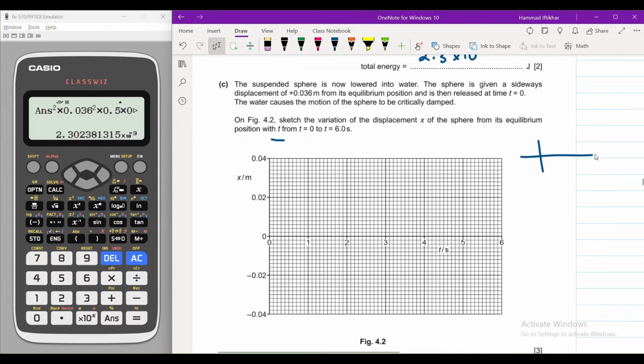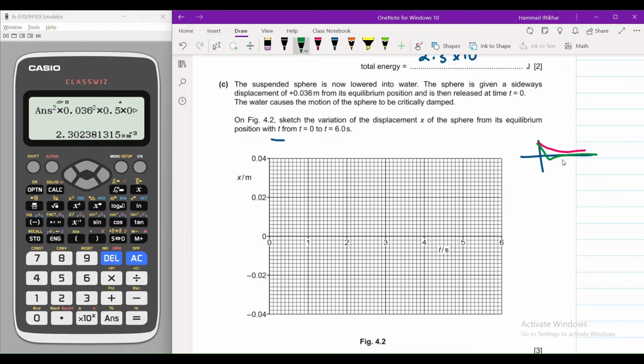So critical damping goes like this, or it decays like this, or it goes a little bit like this and then goes like this. So it's up to us how we draw this.